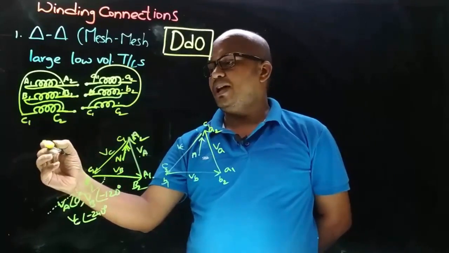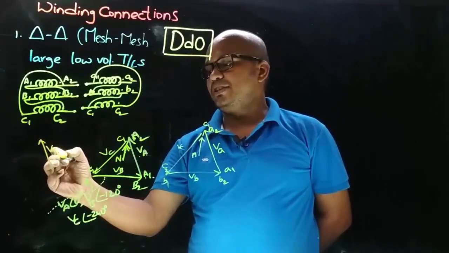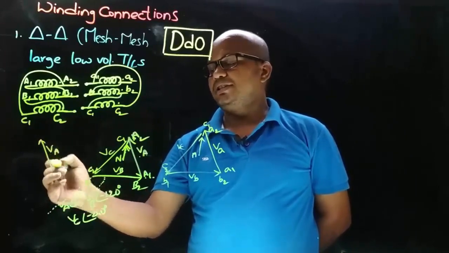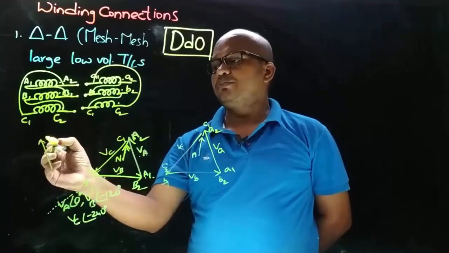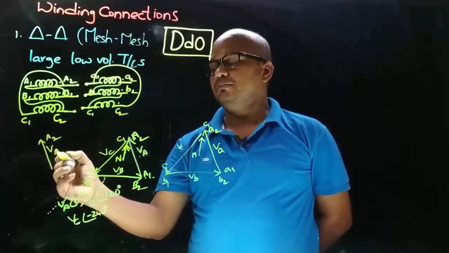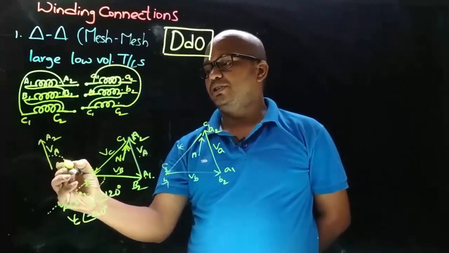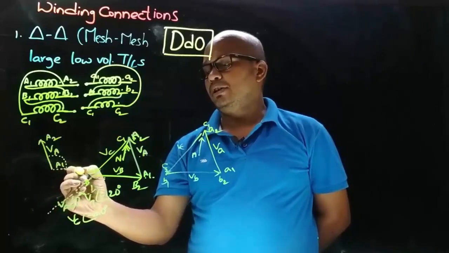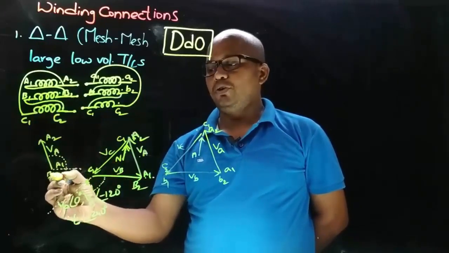Okay, so as we took this as primary side VA, and we decided the terminals as A2 and A1, so the arrow will always point towards the connection we took from. So this is A2 and this is A1, and at an angle minus 120 degrees there will be the VB phasor. So here A1 is connected to B2, so B2 will point towards A1.